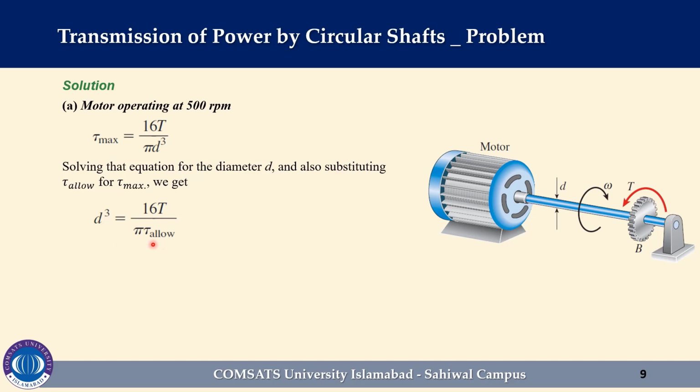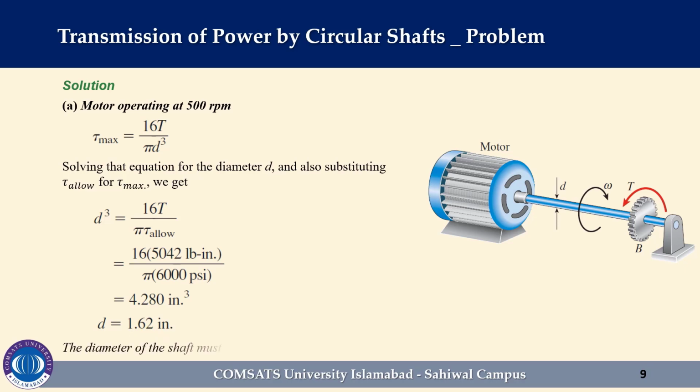We have just calculated the torque, which was 5042 pound-inch, and the allowable shear stress given in the problem statement is 6000 psi. Putting these values in the equation and after some simplifications, the diameter of the shaft is found to be 1.62 inch.